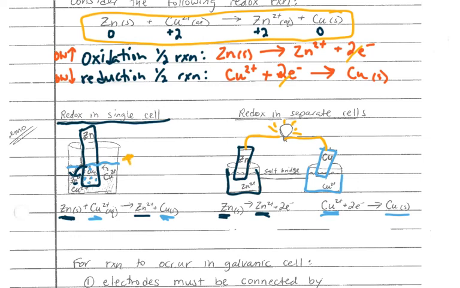Here we don't get electricity because that electron transfer happens right in this local spot, and so there's no flow of electrons. But by using this wire and separating these half reactions, we get flow of electrons. The zinc gets oxidized, it's losing electrons, and the copper gains those electrons, so they're going in this direction here. All right, this is the oxidation side, and this is the reduction side.